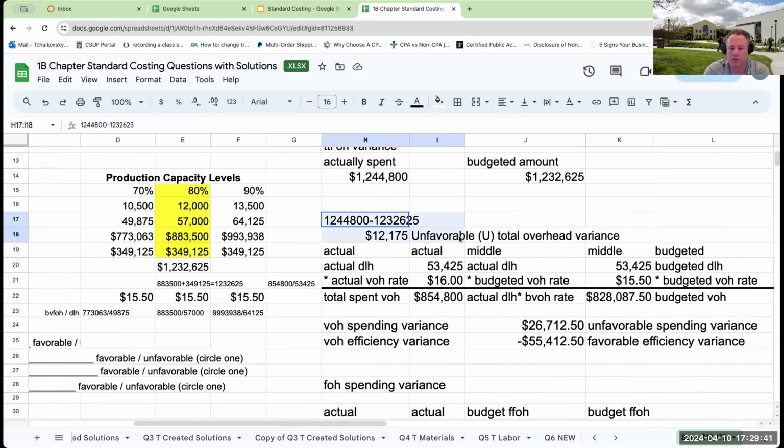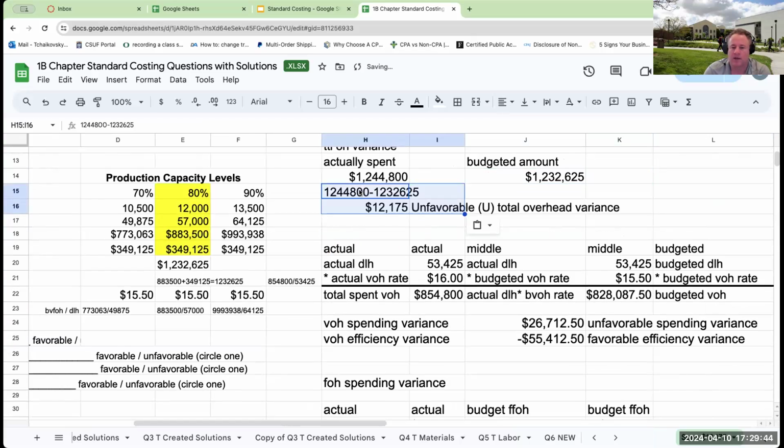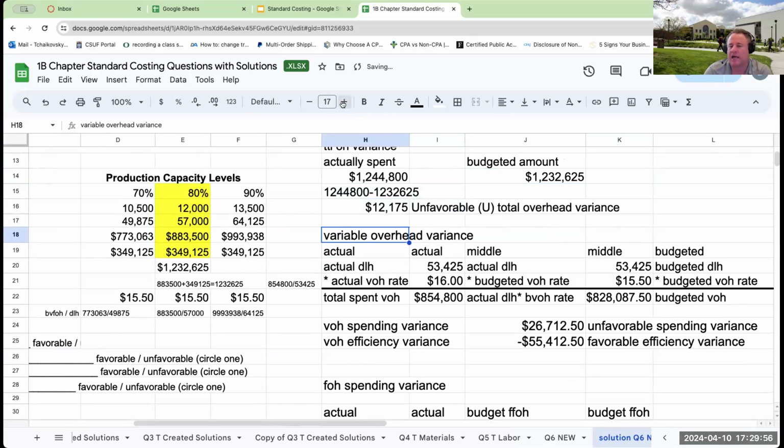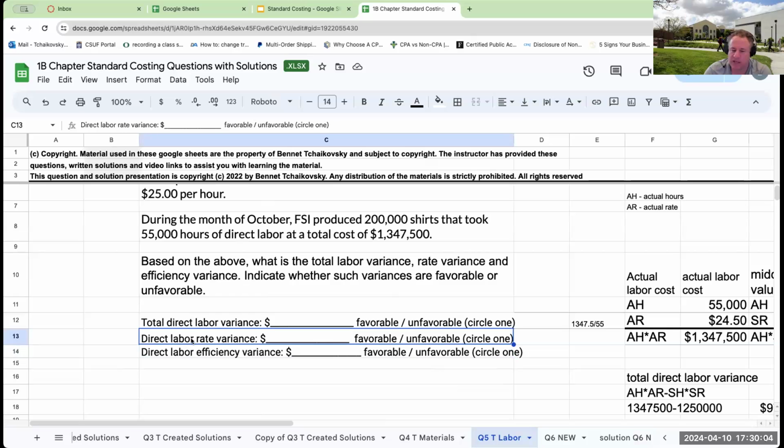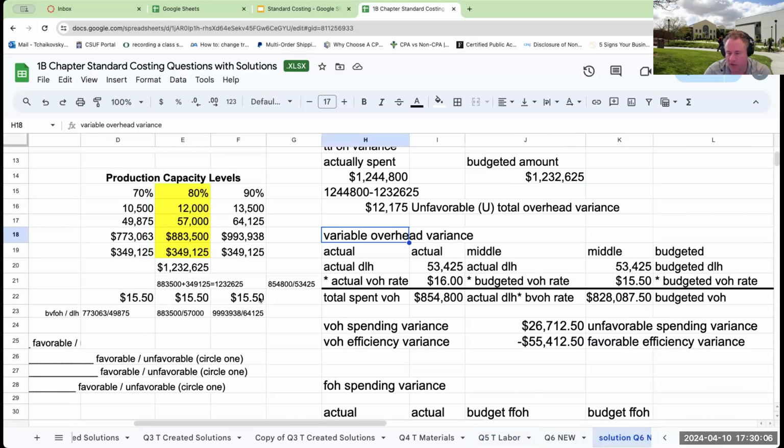What I then go through and do is say, well, what are my variable overhead variances, right? And those are going to be the spending and the efficiency. It's very similar to labor. Instead of being rate and efficiency, for overhead it's going to be spending and efficiency.